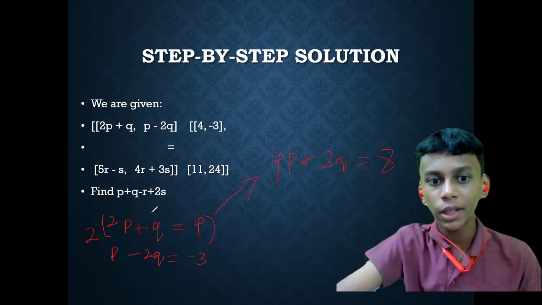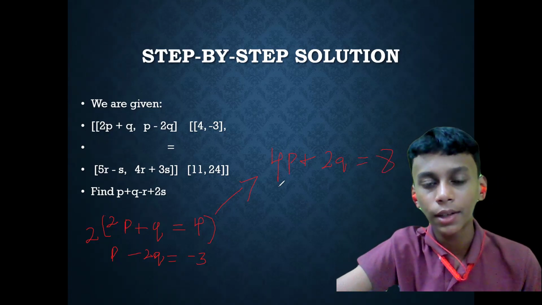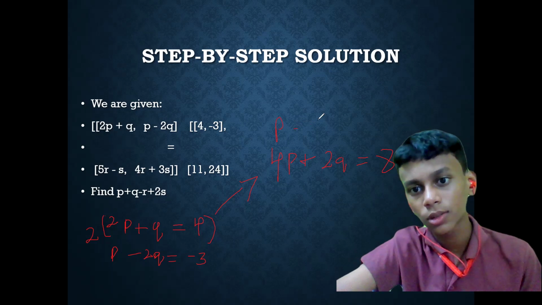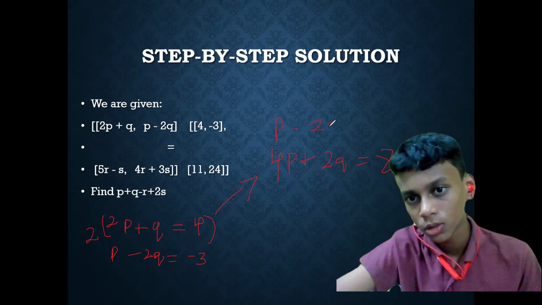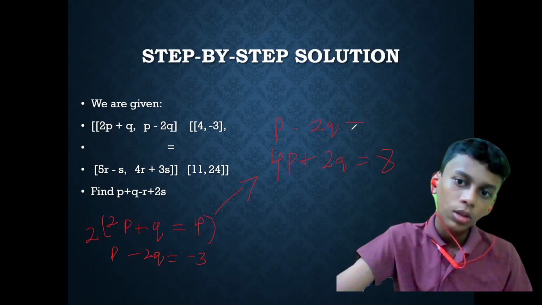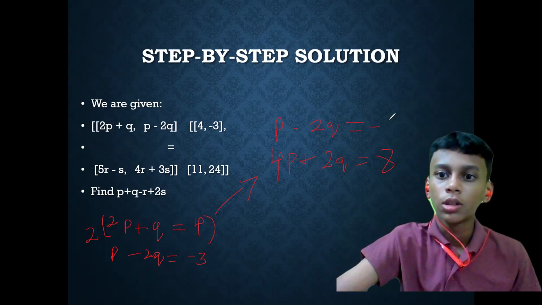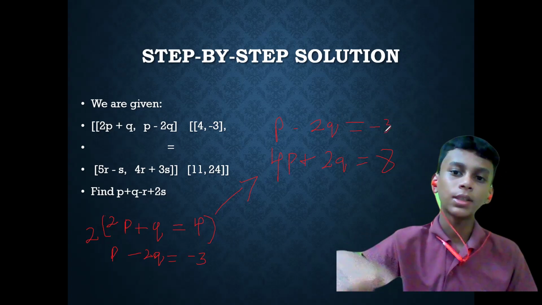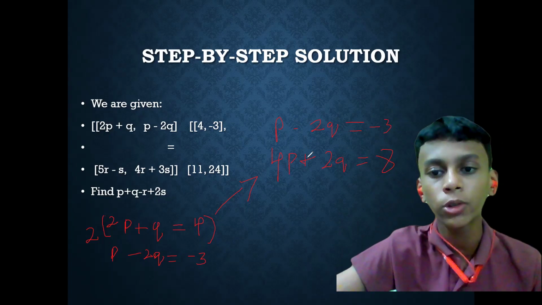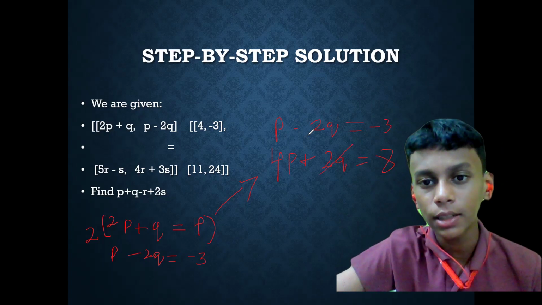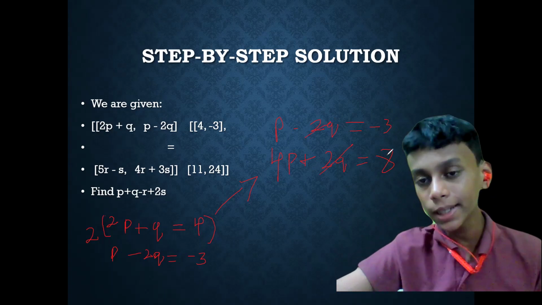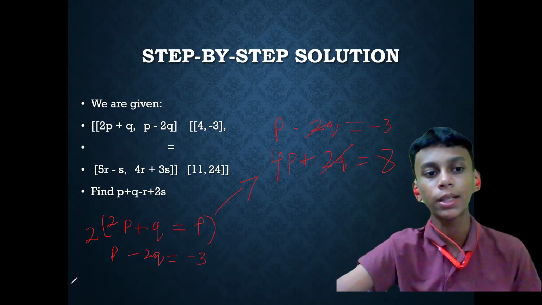So we are multiplying it inside the 2, and now we have p minus 2q is equal to minus 3. Now what we will be doing here is cancelling the minus 2q up and plus 2q down. So let's cancel it. And we will get the answer as 5p is equal to 8 plus minus 3.